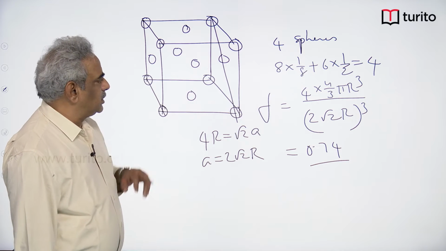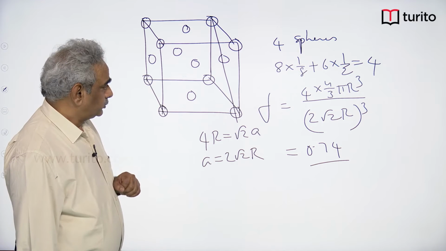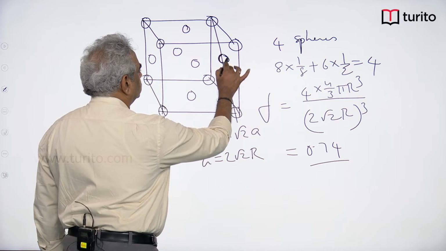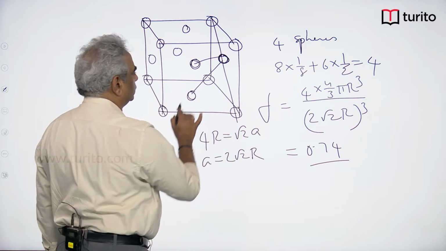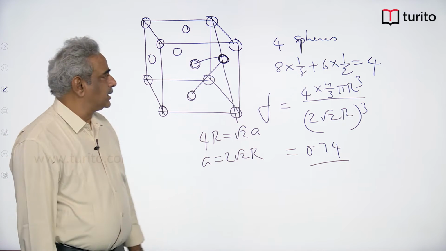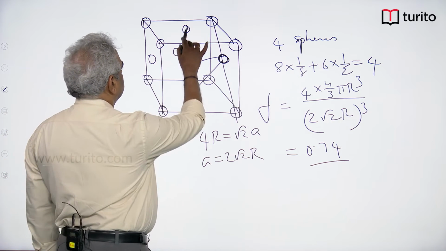In this unit cell FCC, you have got atoms in the corners and faces, and what is the other description? Each face center atom is in contact with its adjacent face center atoms, because that makes a triangle. This makes a triangle. Similarly, this makes a triangle.